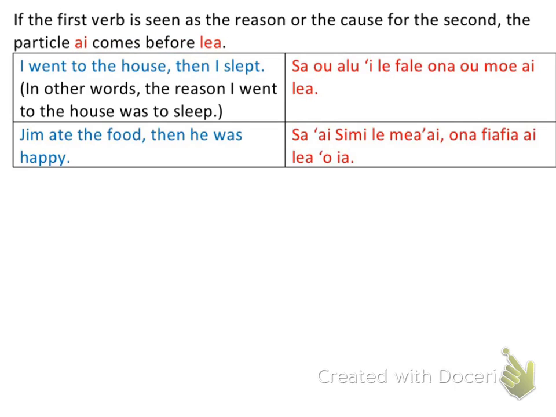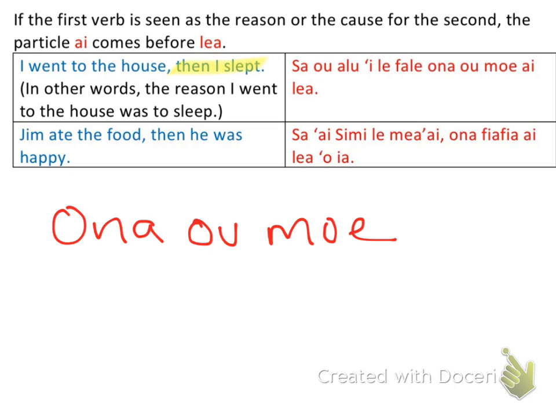So remember, if the first verb is the cause or the reason for the second, then the only difference I make is I put this particle I before the leia. We'll see that in the second part of the sentence. Then I slept. Again I start off with ona, and then I'm going to use a descriptive pronoun in the middle of my ona leia section. And the sleep right here is going to be my predicate or my verb.